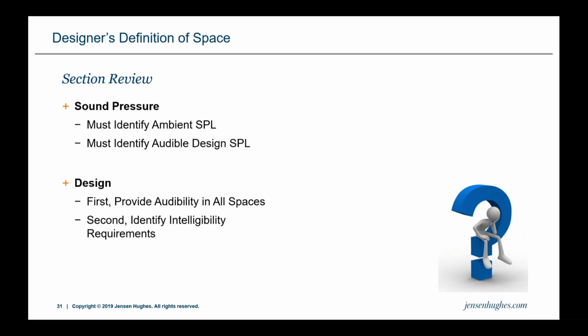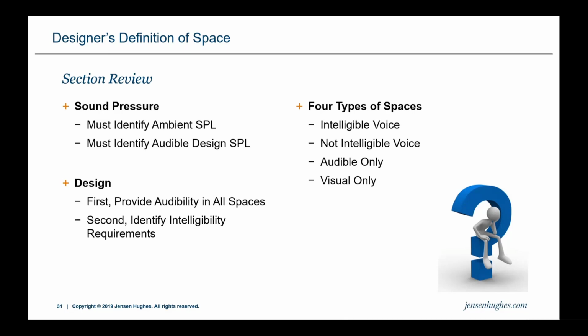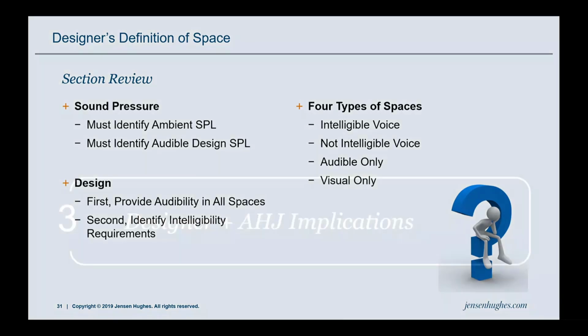Secondly, we go in and identify the intelligibility requirements. And really, we look at 4 types of spaces as groups: those provided with intelligible voice, those provided with less intelligible voice, those with audible only, which again might be few and far between, or those with just visual only, just providing strobes as an example.